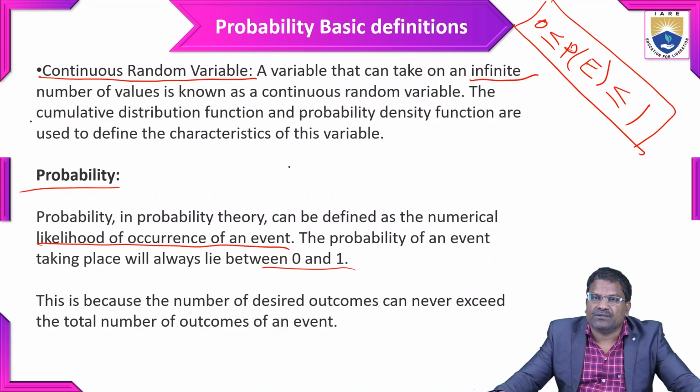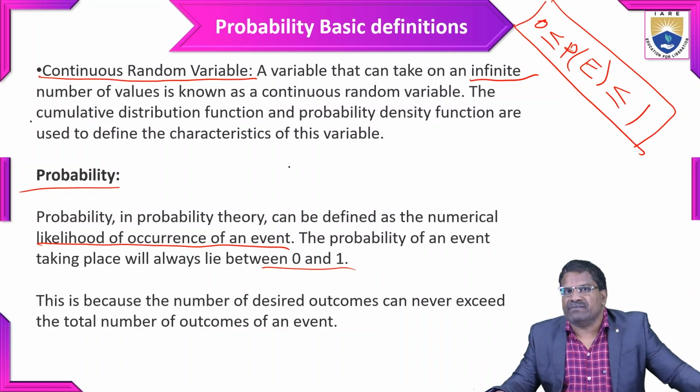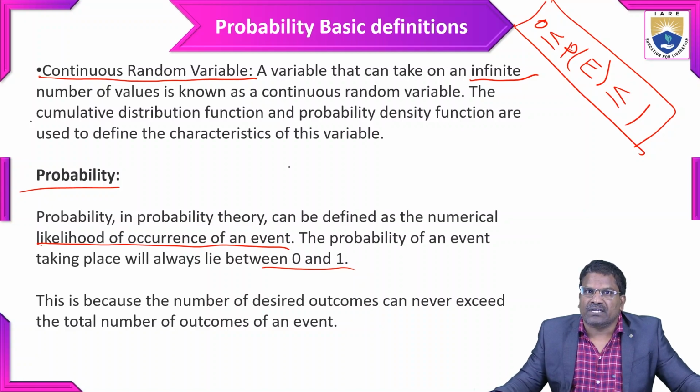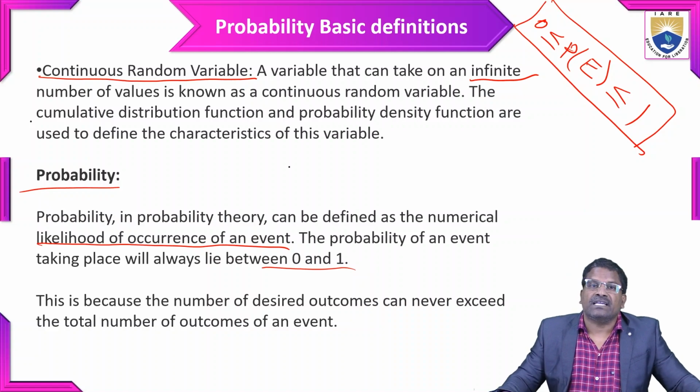It cannot be less than 0. It cannot go beyond 1. If the probability of any event P(E) is 0, it is an impossible event. If the probability of any event is 1, it is a sure event, a certain event.